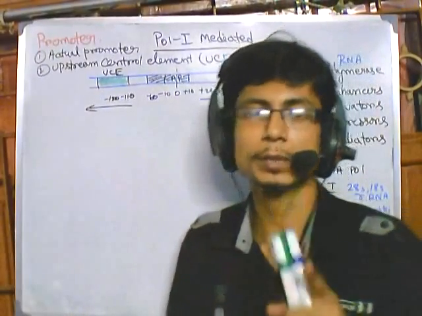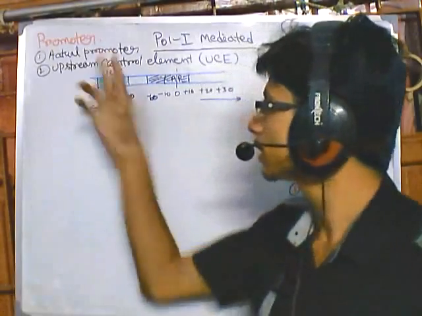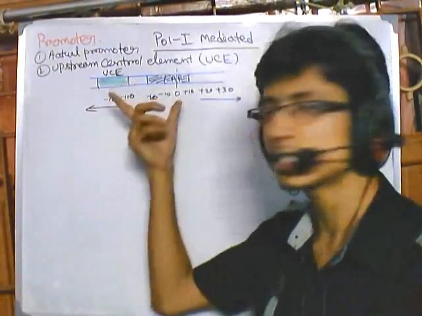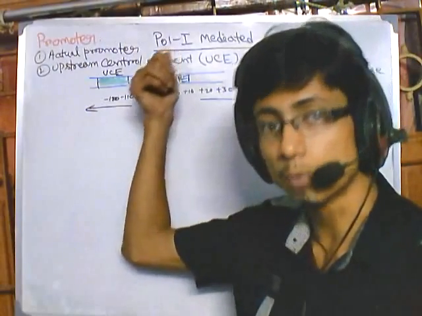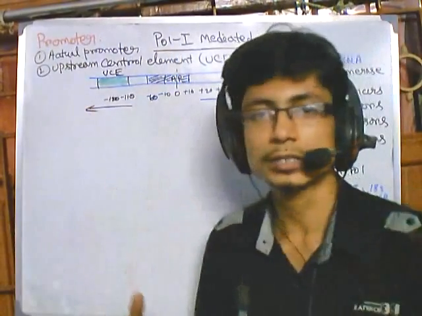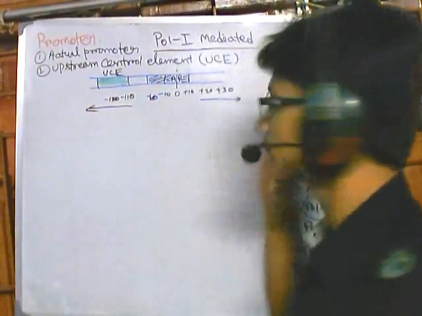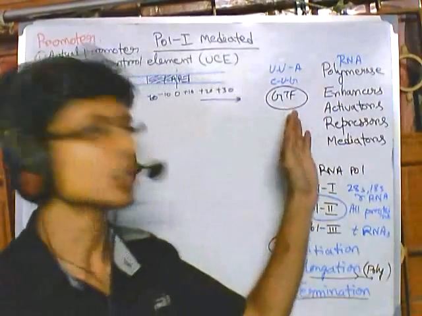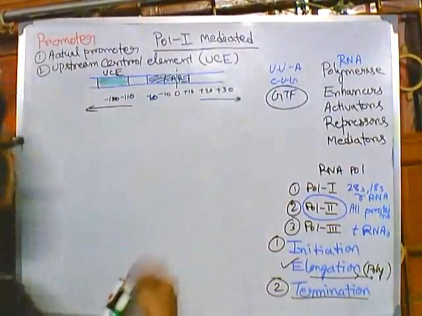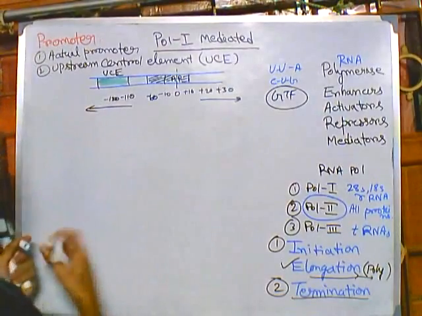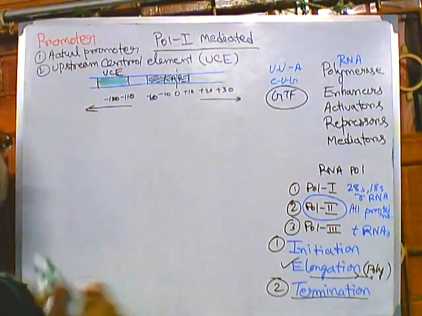Remember, we have talked about three different ingredients. One is the DNA sequence, second one is the RNA polymerase, here is RNA polymerase I, and third one is the transcription factor. Here again is a generalized transcription factor, or GTF. Let me draw GTF here with red color.